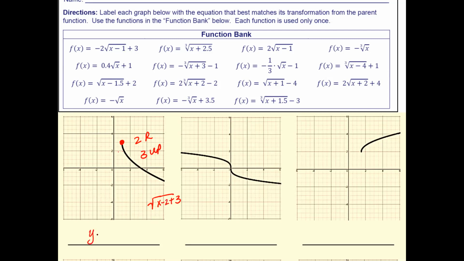So which equation here says y is equal to square root of x minus 2 plus 3? Oh, you know what? It's not 2, it's 1. Just kidding. So minus 1 plus 3.